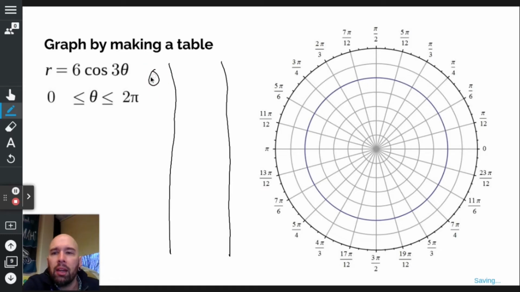We have theta, we have 6 cos 3 theta, and we have r.